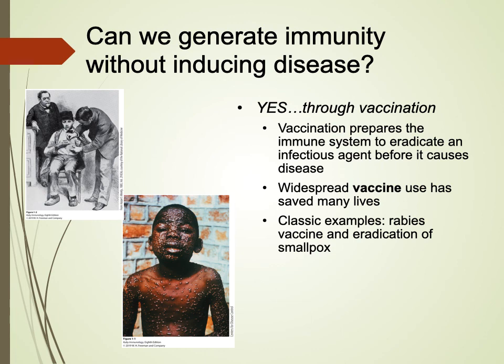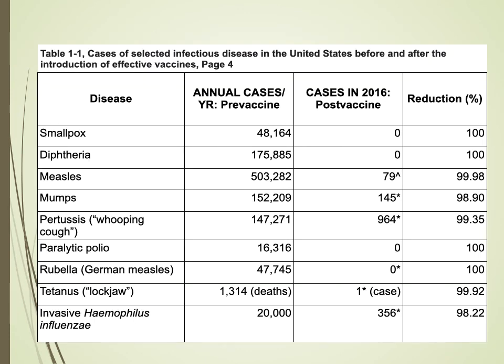Yes, we have coronavirus vaccines in dogs, but those are against different strains, so we have to look at what's different between these strains and develop vaccines from them. If we look at different vaccines and the number of annual cases before versus after the vaccine, vaccines are able to dramatically reduce the number of cases.